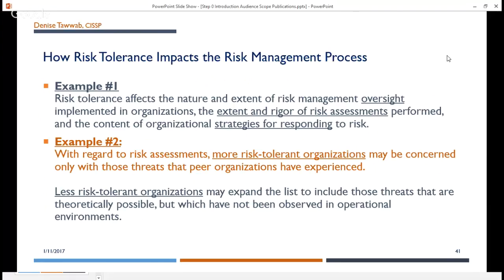Less risk tolerant organizations may expand the list to include those threats that are theoretically possible, but which have not yet been observed in operational environments. So again, if you have a lower tolerance for risk, then you will have to include more threats and figure out how you're going to mitigate the risk associated with those threats. But that's a different conversation. We'll get there.